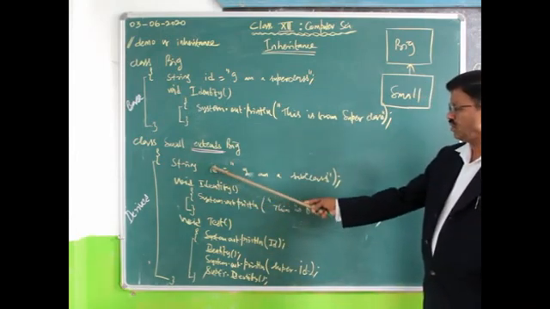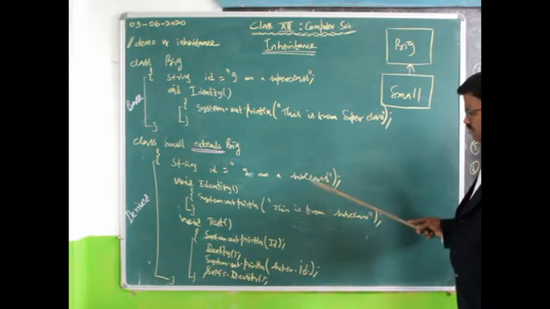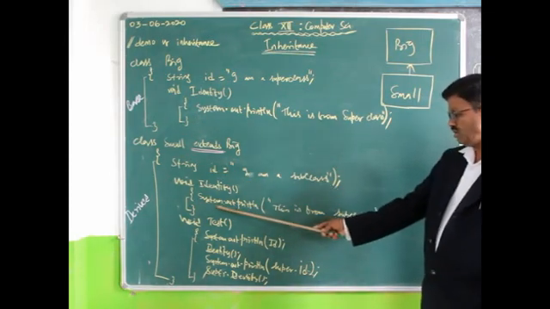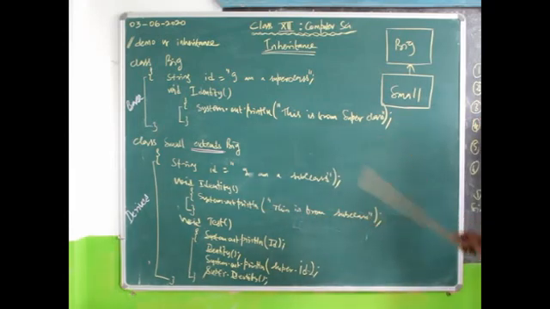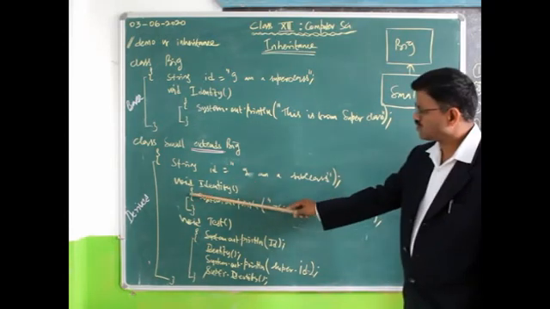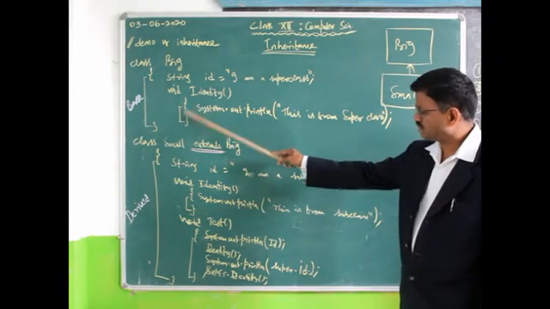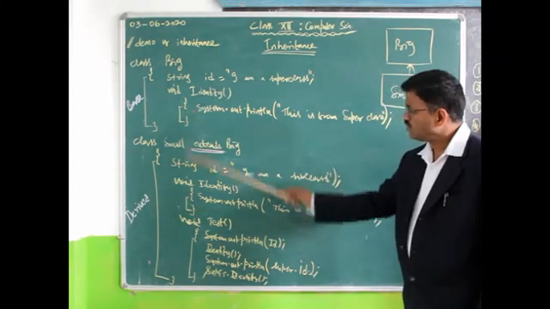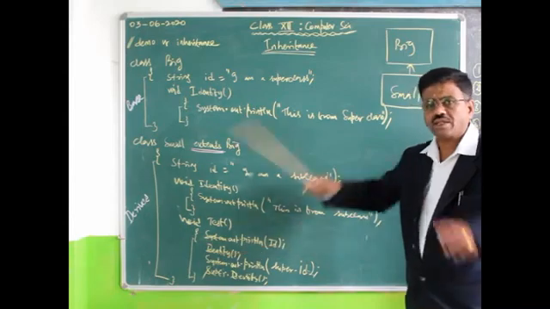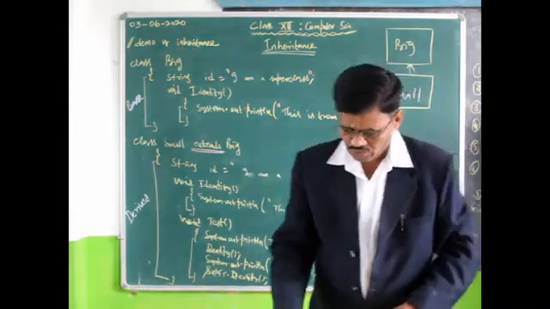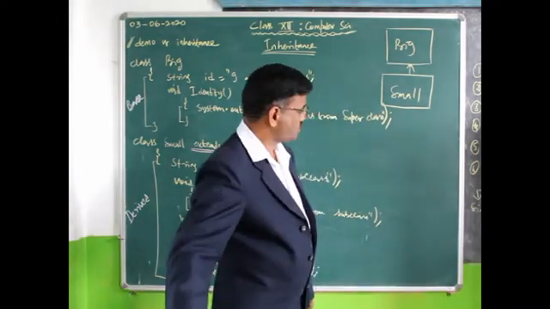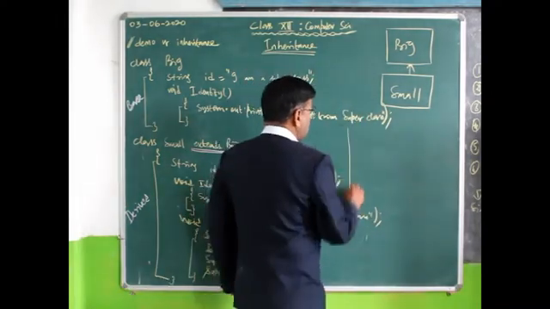Please note, the idea is, I am from the subclass. System.out.println, this is from subclass. So this is one method, this is another method, and this is the third method. First method, second method, third method, they are in two different places. Now I am going to write the output. Imagine this is your monitor.